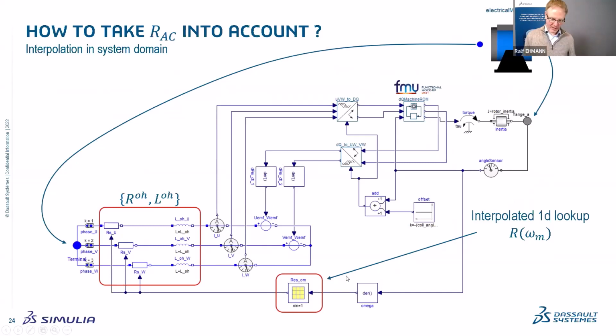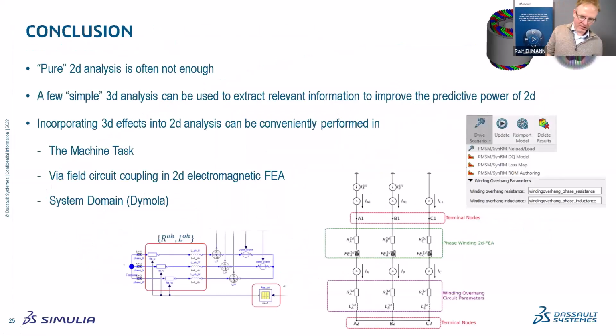We just load the data. The input is the derivative of the angle sensor, so actually the derivative of the angle, which is omega. Here is then the lookup resistance as a function of omega. And these are variable resistors, which then take care that we get the proper losses here. Yeah, and this closes the loop.